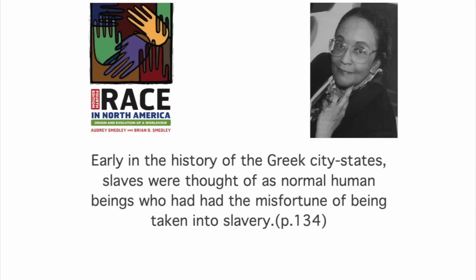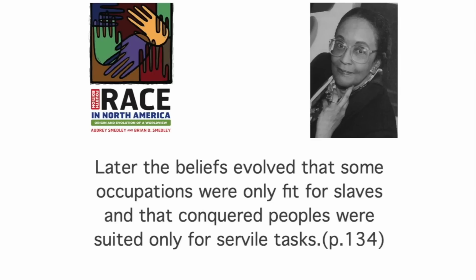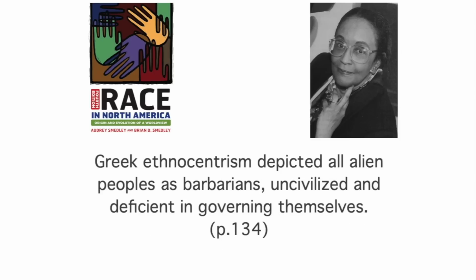Early in the history of the Greek city-states, slaves were thought of as normal human beings who had had the misfortune of being taken into slavery. Later, the belief evolved that some occupations were only fit for slaves and that conquered peoples were suited only for servile tasks. Greek ethnocentrism depicted all alien peoples as barbarians, uncivilized and deficient in governing themselves.